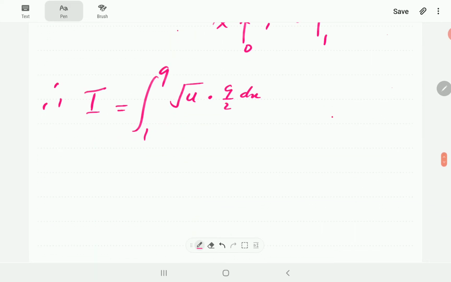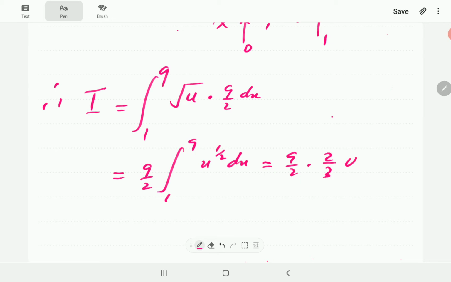So this is just an integration of u now. So I've got 9/2 times the integral of u to the power half. And so if we add 1 and divide, we're going to get 3/2.